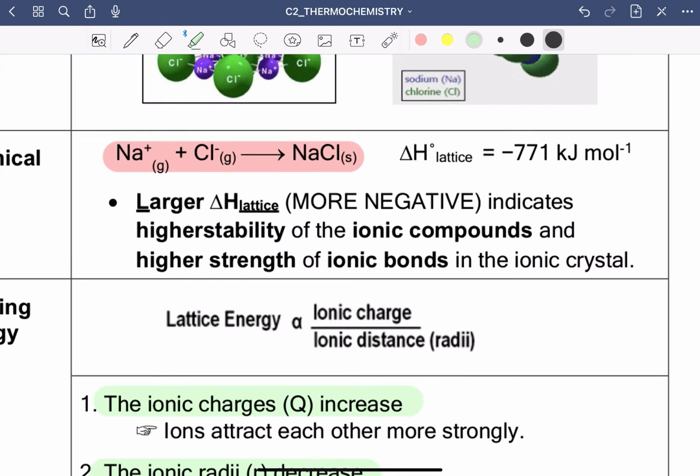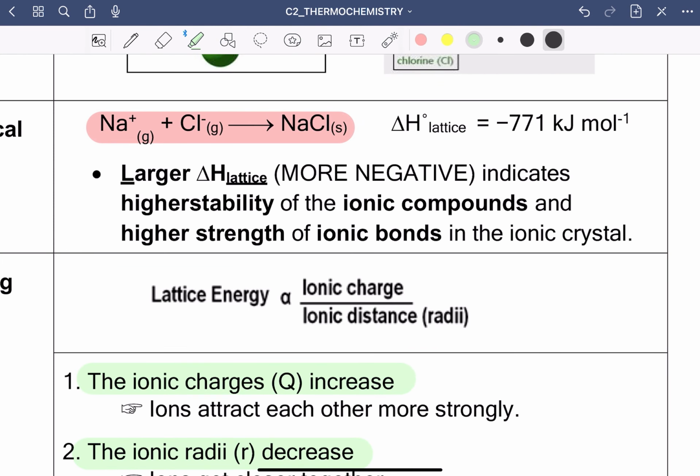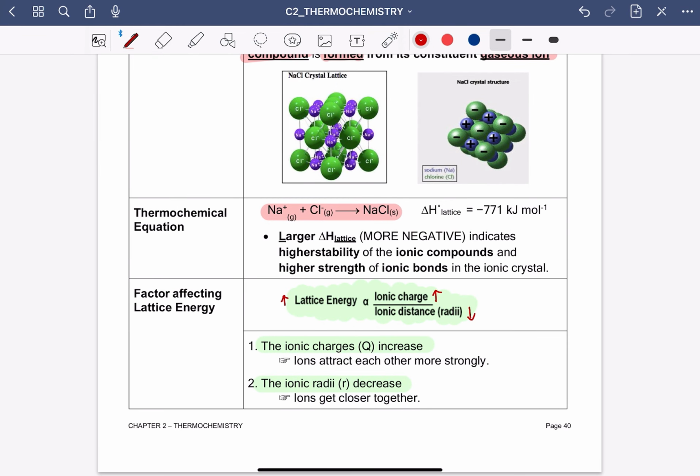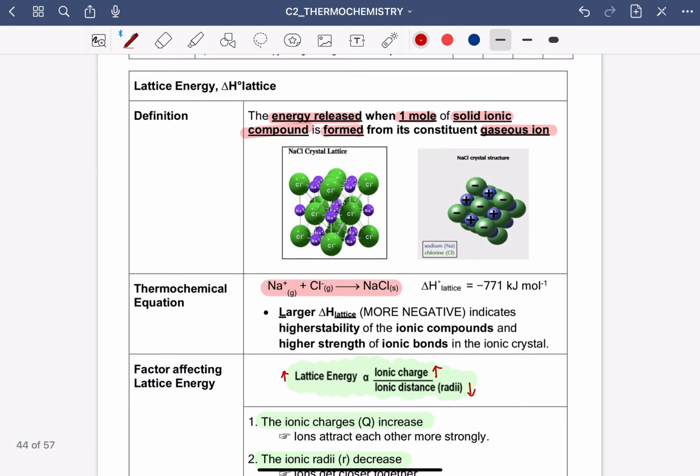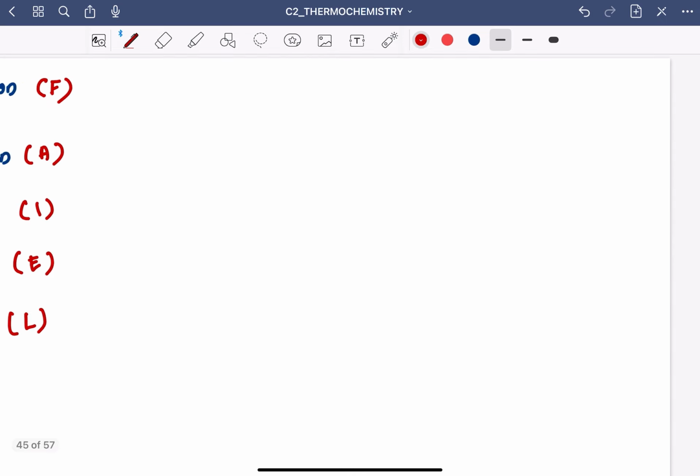If you forgot about this, just remember this relationship: when ionic charge increases, lattice energy increases. And when ionic radius decreases, lattice energy increases. You need to know these 2 factors. So that is lattice energy.